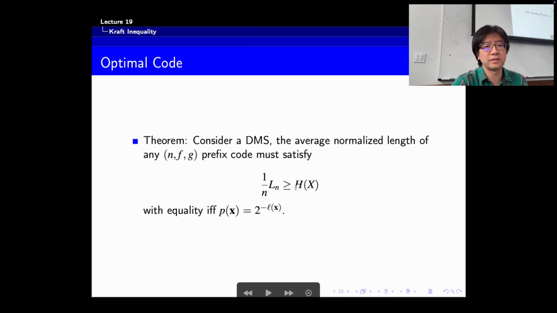But the important thing here is that the equality can hold. It can hold when the distribution of the source satisfies this equation. When this equation is not satisfied, the equality may not hold.